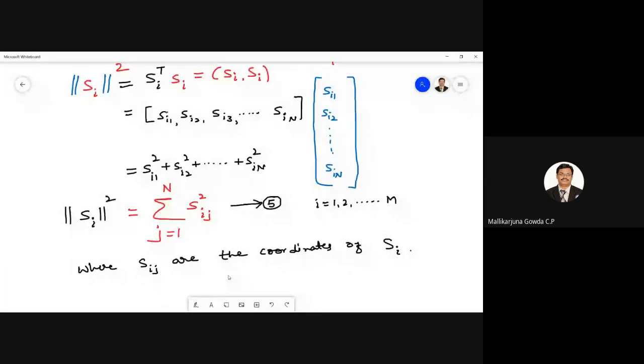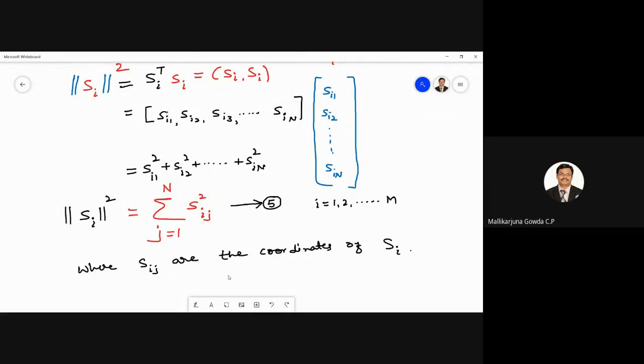So I said the square length of the signal vector is the inner product or dot product of the signal vector with itself. I represented it mathematically like this. Then I wrote it in terms of a row matrix and a column matrix, and when I multiply that, I get S square i1 plus S square i2 and so on up to S square iN.